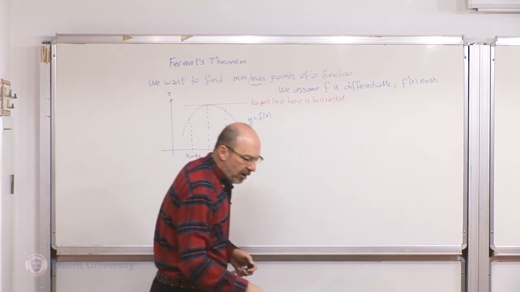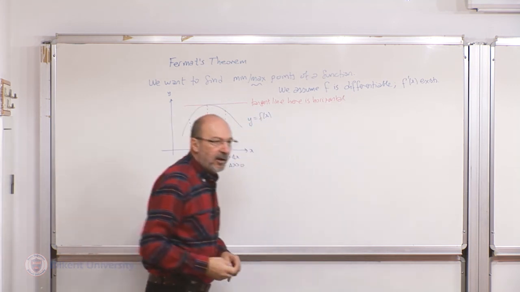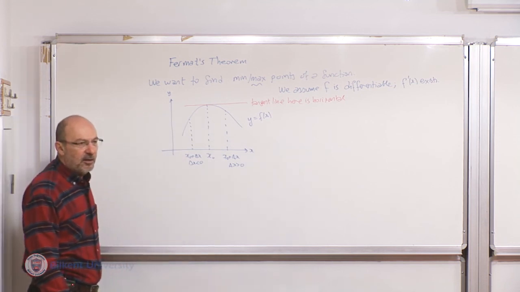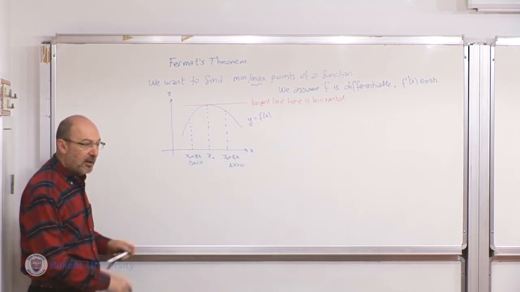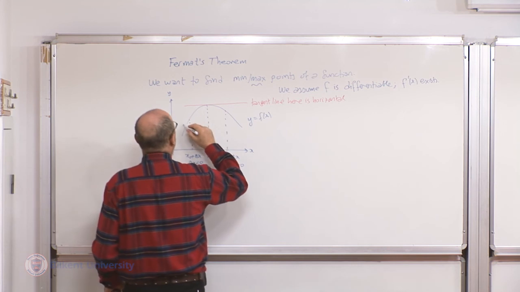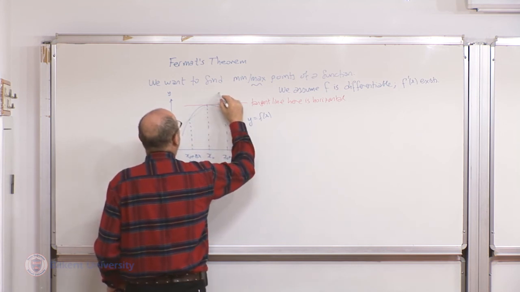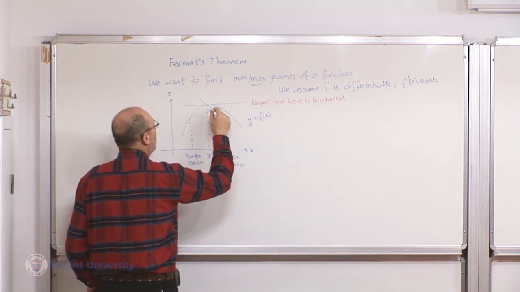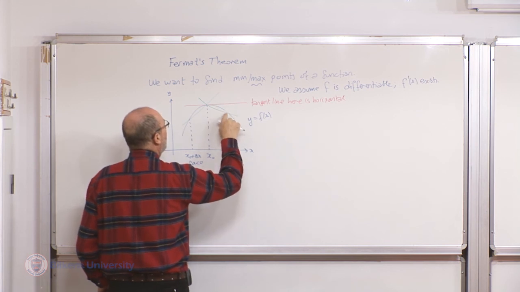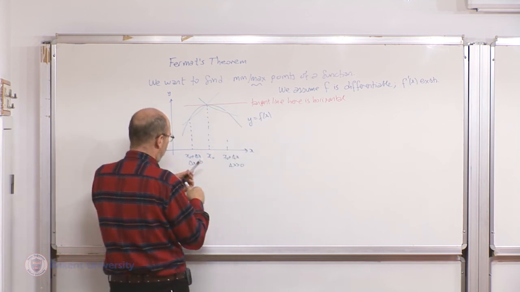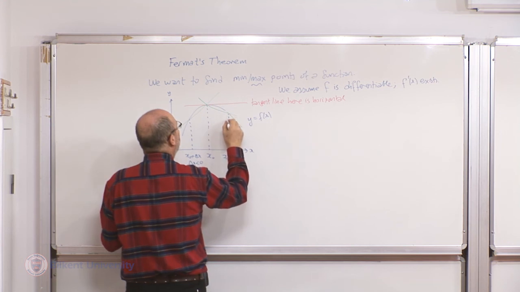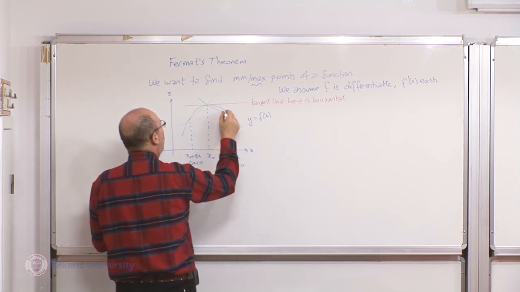And we know that if the derivative exists, if the tangent line exists, it is approximated by secant lines. And these are the two secant lines that we are going to consider. Okay, so let's make this a little bit like this.